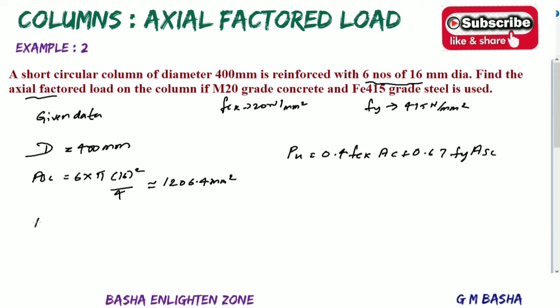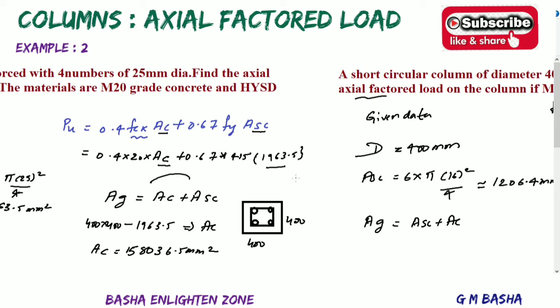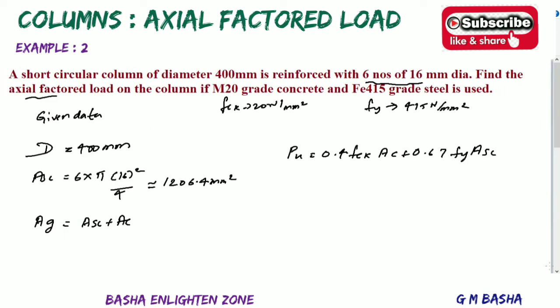We already know that the gross area is equal to the area of the steel plus the area of the concrete. Gross area means the entire column area, the total lengthwise and widthwise area. In that, the area of the concrete is covered and the area of the steel is also covered. Therefore the overall gross area equals the area of the concrete plus the area of the steel.